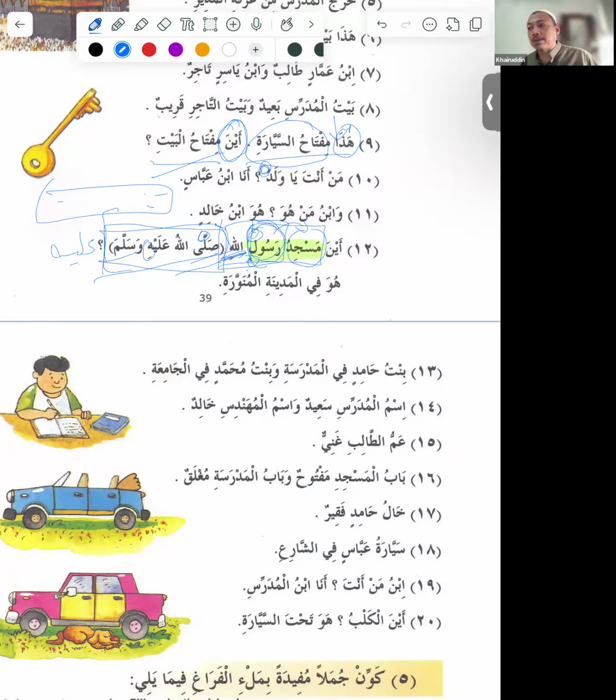Sallallahu alaihi wasallam. So just for you to take note that when we see sentences like this, these are sentences that we use as honorific attachments to the original sentence, to something that is mentioned in the original sentence.